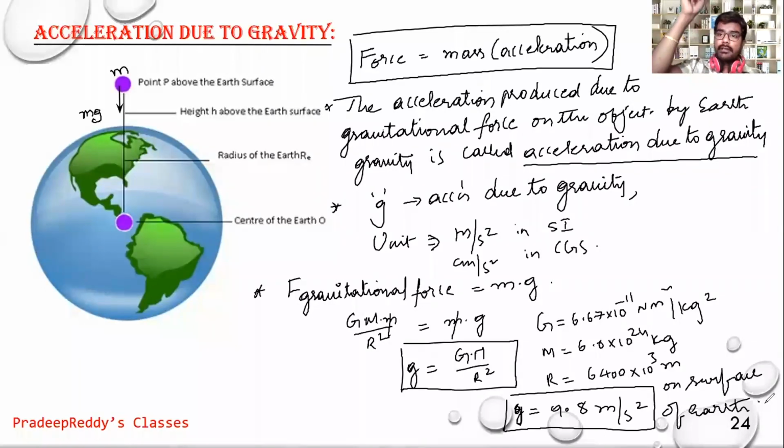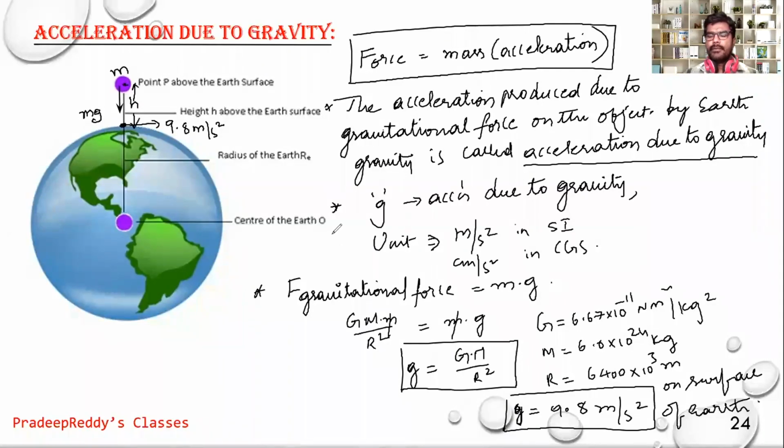As you go to higher altitudes, on the surface, what is the value? 9.8 meter per second square. Because we have G M by r square, G value, M value, r value. If you substitute there, you get 9.8 meter per second square. But from the surface of the earth, if you go to a higher altitude, at this height, I consider it as h.